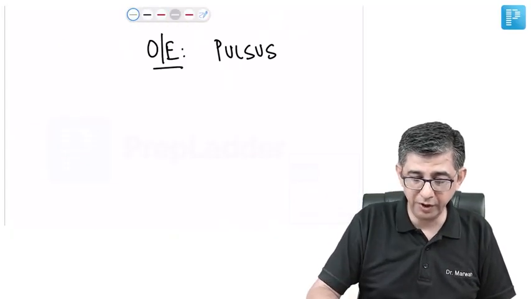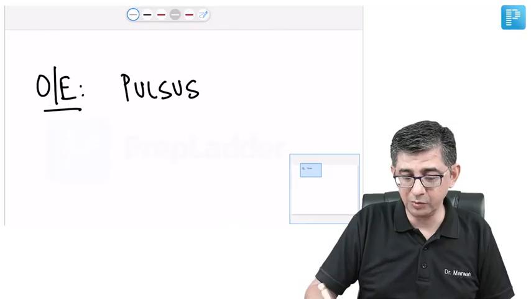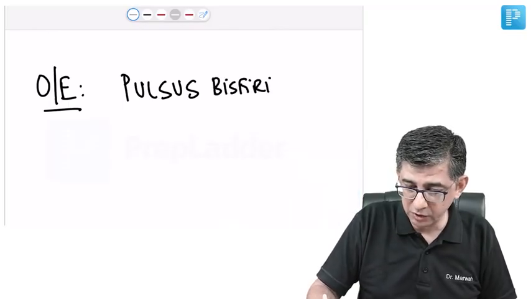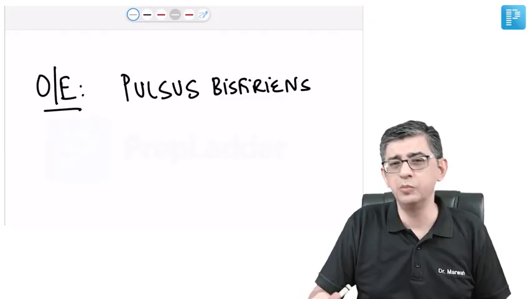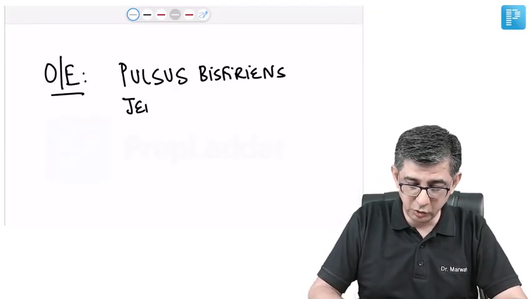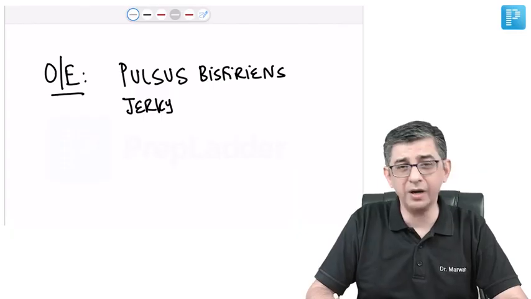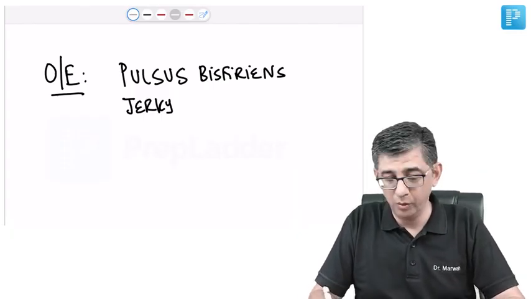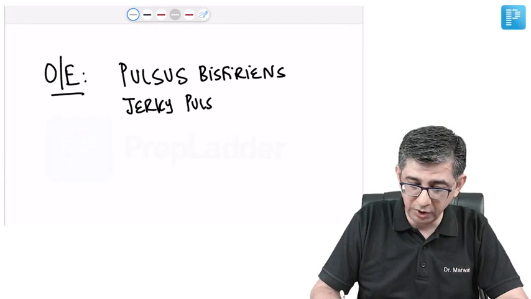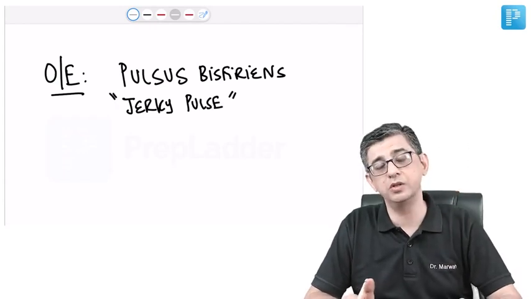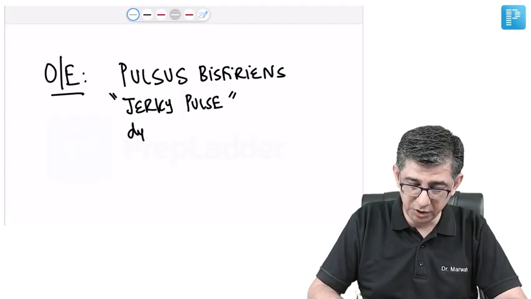And therefore the special finding of pulse that can be asked for this patient would say pulsus bisferiens. When I finish this topic, I'll also mention the ABCD of pulse, but pulsus bisferiens is an important term which is to be remembered. In a big textbook like Harrison, you can see that Harrison uses very perfect English, but here he has used a very casual term, jerky pulse, just to signify that the jerk comes because of outflow tract obstruction.